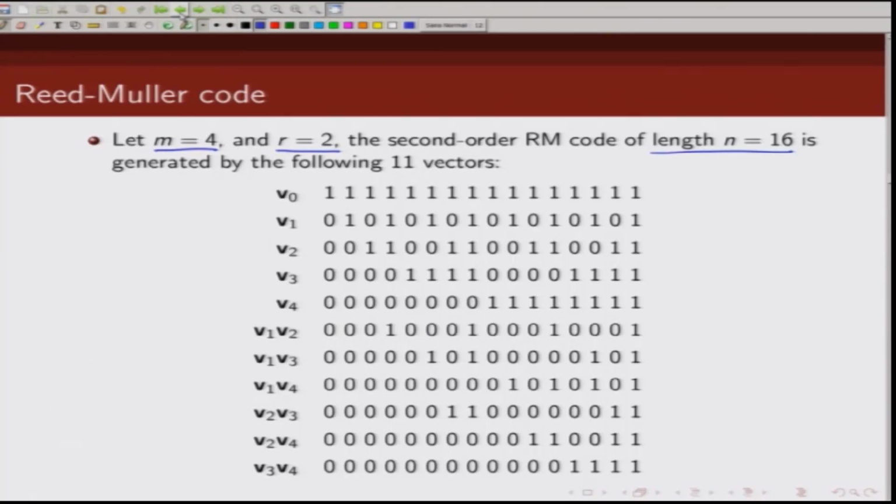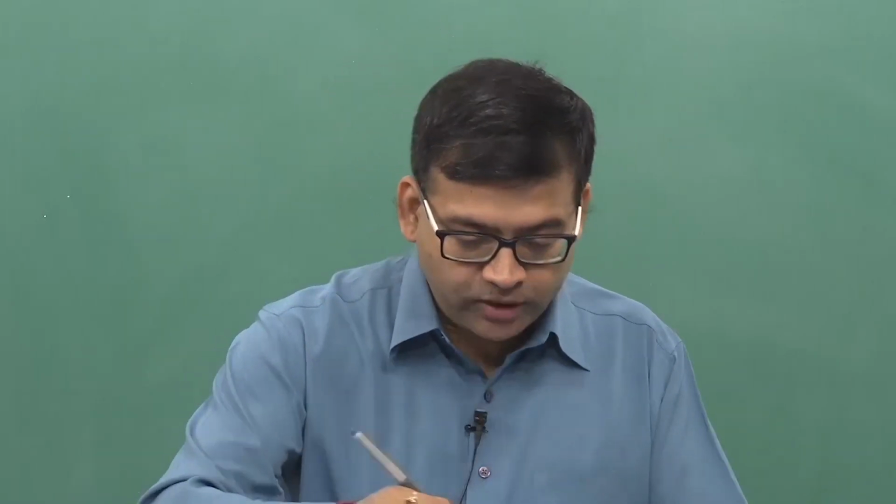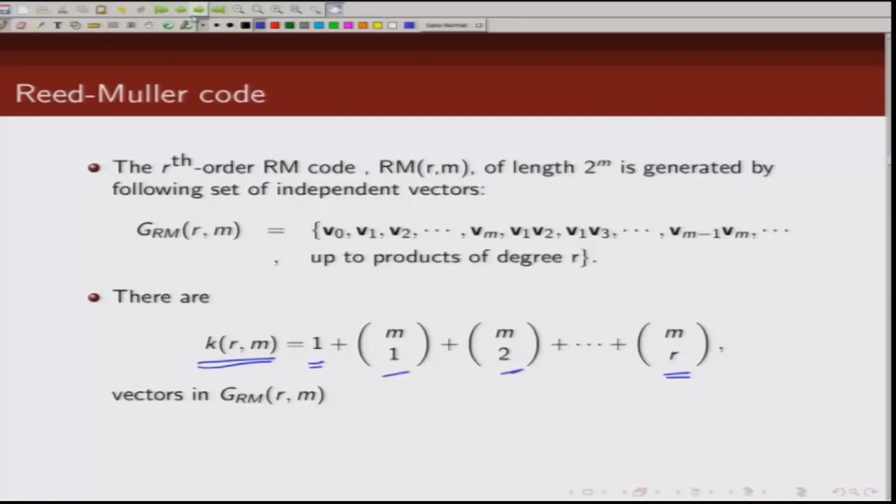If you go back, this product vector is said to have degree L if there are L such Vi's which are participating in this Boolean product. So, we have to write all these as rows of the generator matrix up to products of degree R.